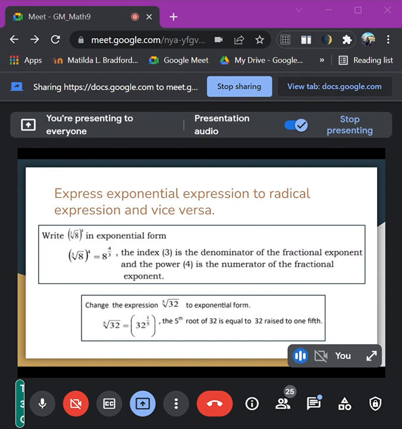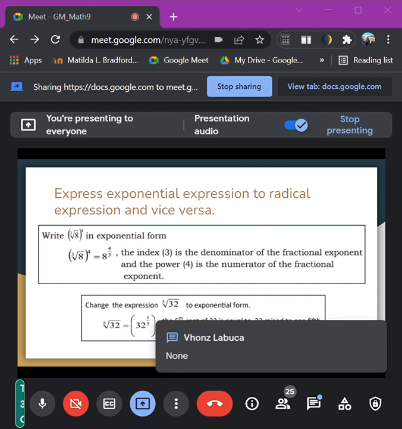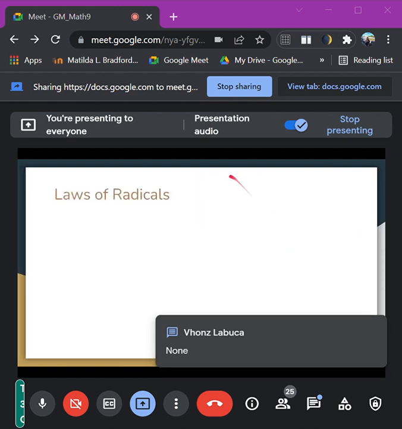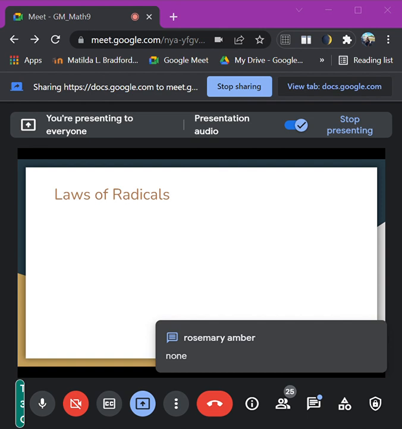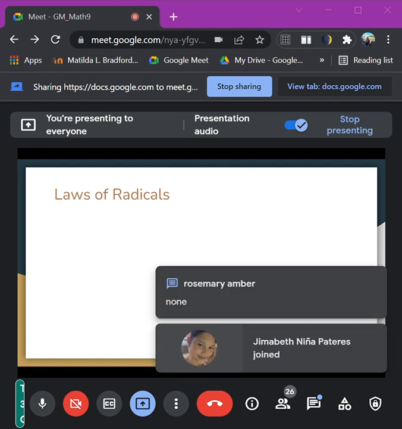So dapat kabaw ta sa pasikot-sikot. Question so far? None? Okay. So we have here our next one, class, which is laws of radicals.